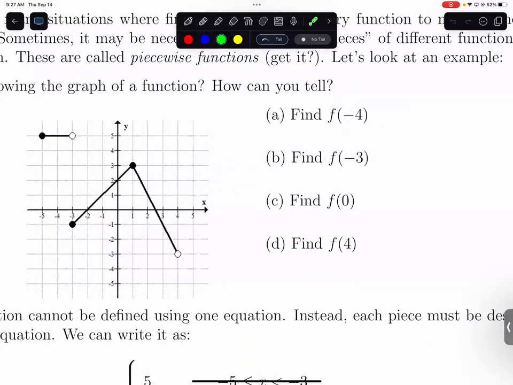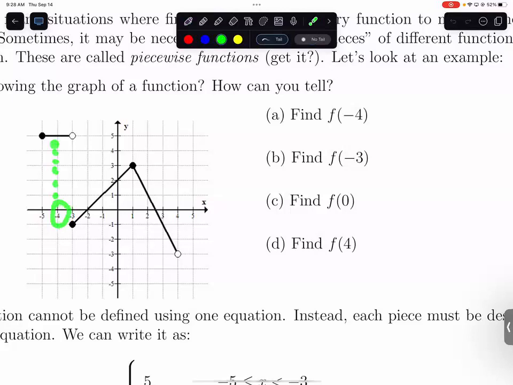Okay, now look up some values. So find f of -4, find f of -3, etc. Okay, what's f of -4? 5?